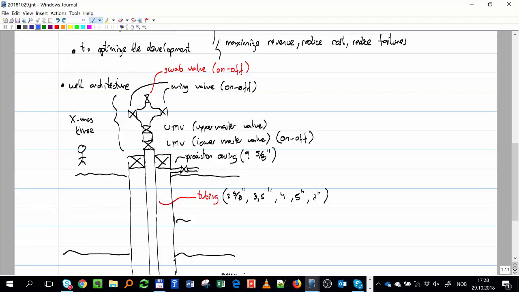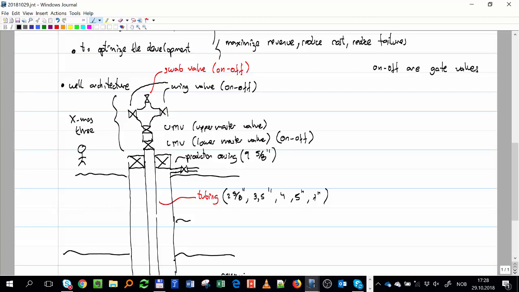So how do these valves look? How are they constructed? If we're going to make a drawing of these valves, how should we make it? These are typically gate on-off valves.